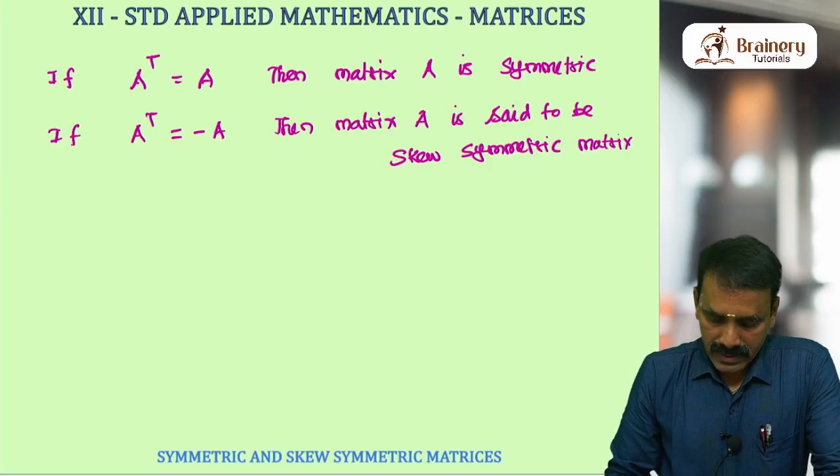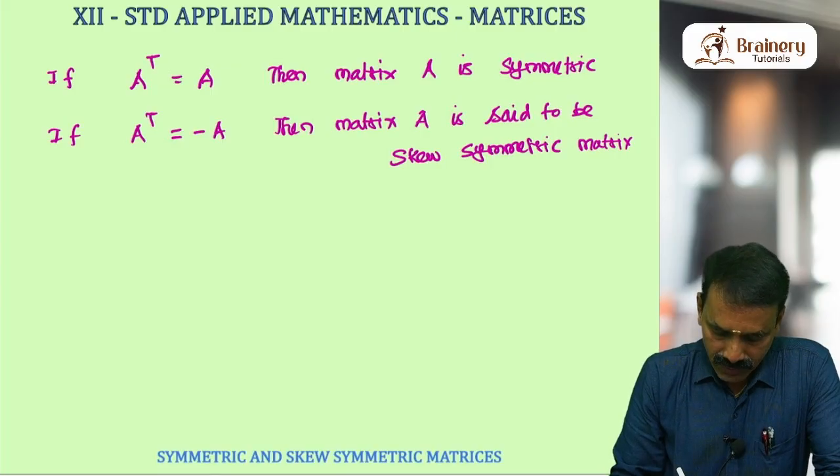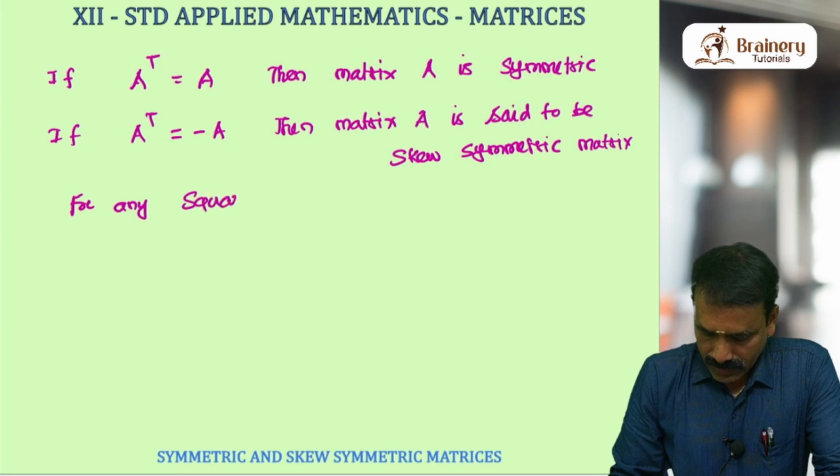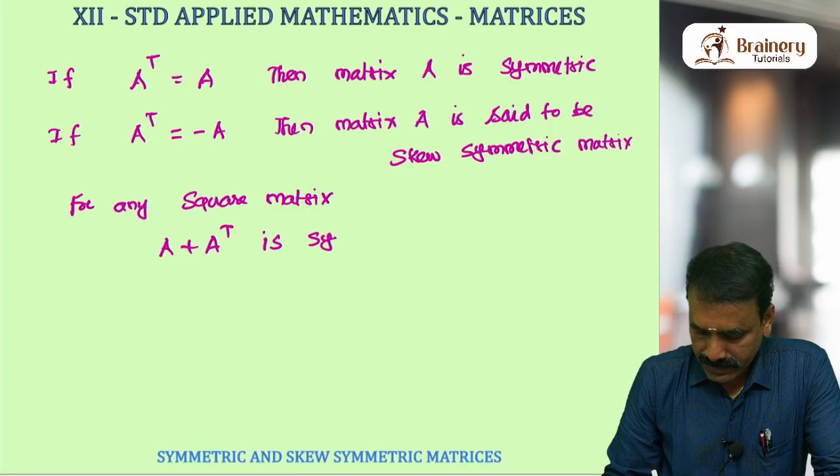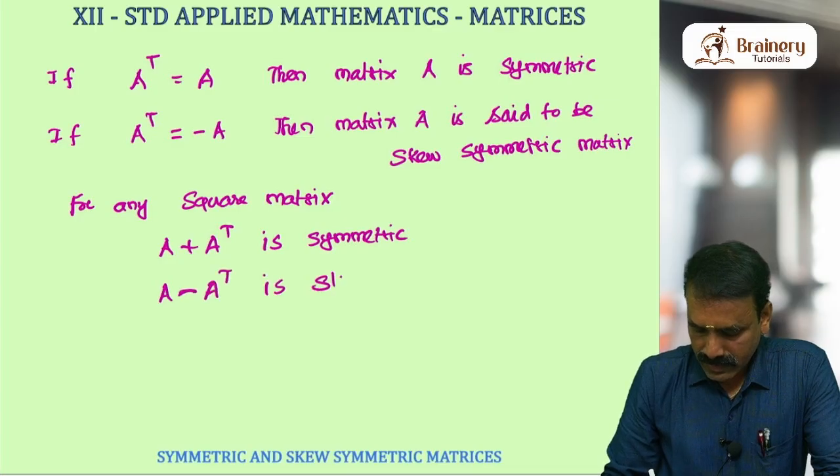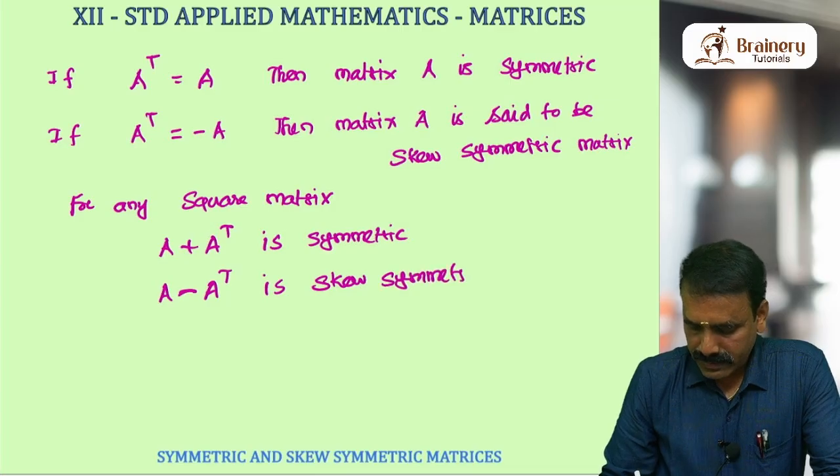And we studied that for any square matrix A, A plus A transpose is symmetric, and A minus A transpose is skew symmetric.